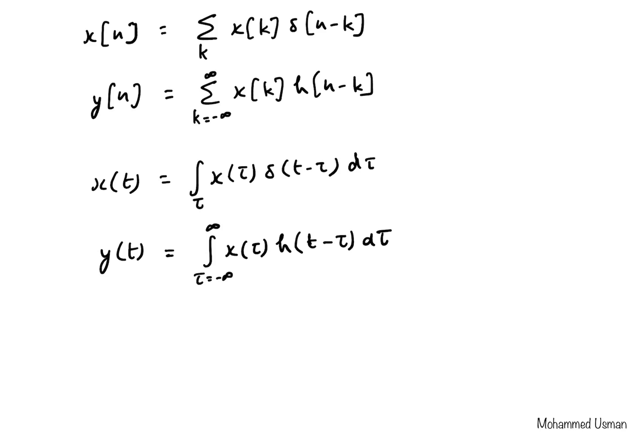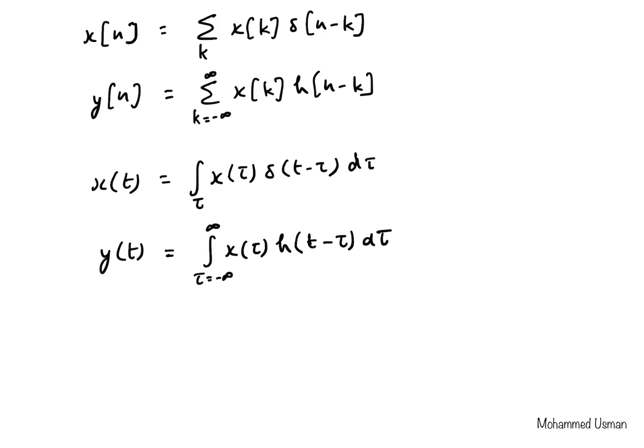I'm just recapping these things. This is again an idea that we developed a few lectures back when we represented any discrete signal or continuous signal in terms of the impulse function as shifted and scaled impulse functions, right? So for an LTI system, when the impulse response is known, then the response of the system to a shifted and scaled impulse is the shifted and scaled impulse response of the system, right?